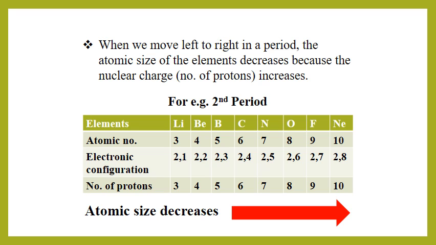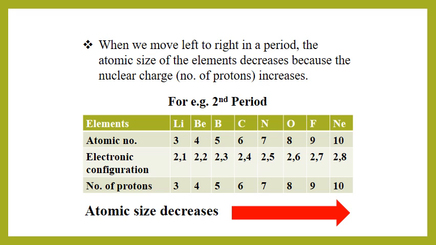When we move in a period left to right, see, we have an example of period number 2 again. We can see here the atomic number keeps on increasing, or we can say the number of protons increases on moving left to right, but the atomic size decreases.